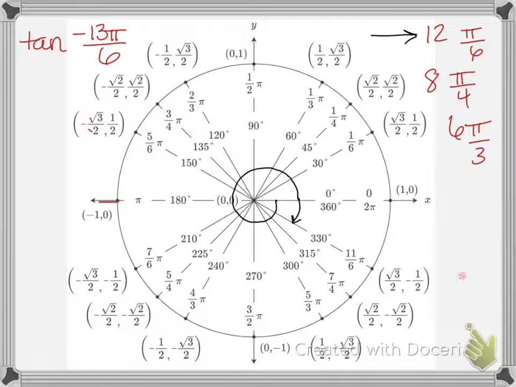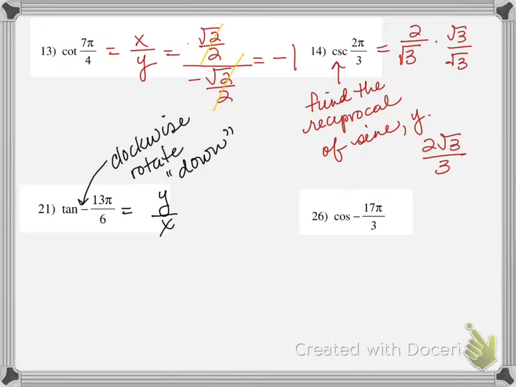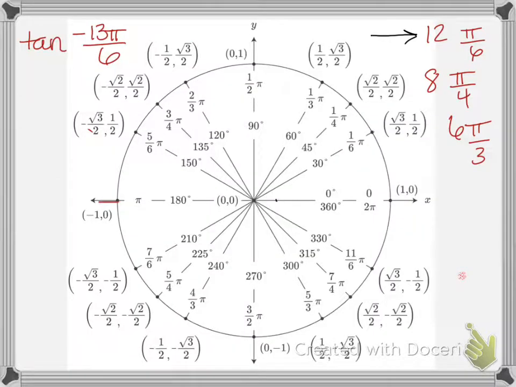But what I tell students is this: if you are more comfortable doing positive, do positive tangent of 13 pi over 6. So let's do it together. We start here, rotate till we get to 12, and then we need to go a little bit more to get to 13. So right there. And that little bit more is the 1/6.